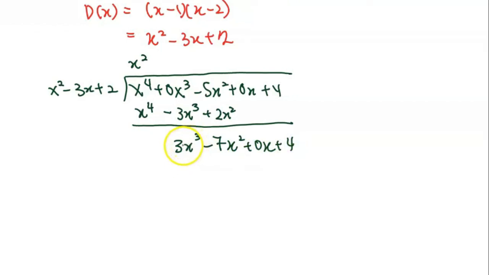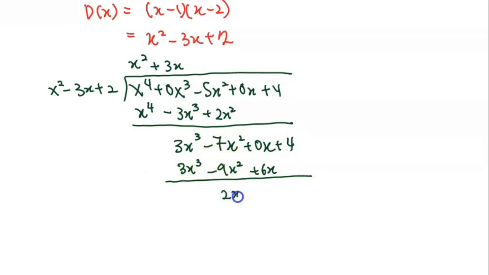Then to get 3x cubed, I will multiply 3x by x squared. And then expand for the rest. Then minus to find the remainder.